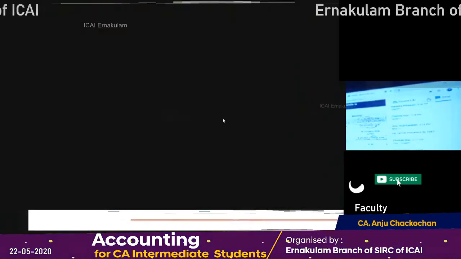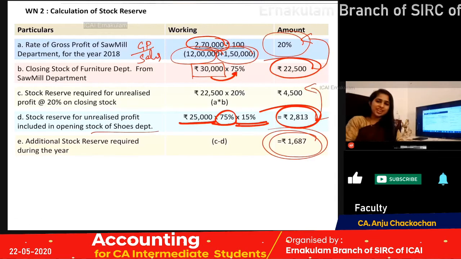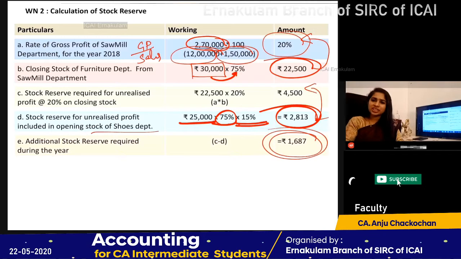Very simple. We have already done a similar pattern. We already have the gross profit of the sawmill department and the total turnover. GP divided by sales, you get the GP percentage. Then you apply this GP percentage to the closing stock.